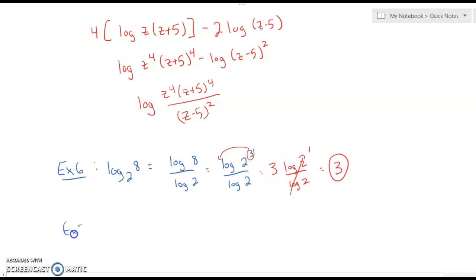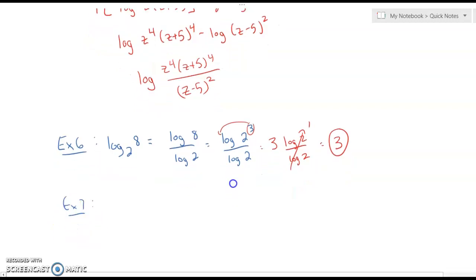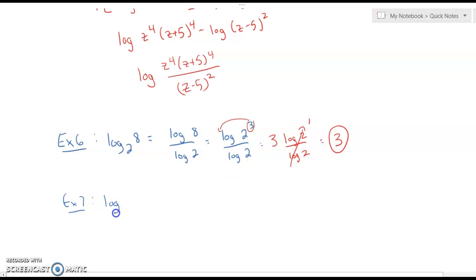We can do the same thing with a more complicated one. Let's say we had log base 125 of 25. We could use the change of base formula, so it'd be log of 25 over log of 125. And I think I can turn those to 5s. Log of 5 squared over log of 5 to the third.